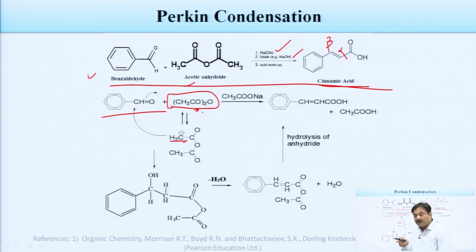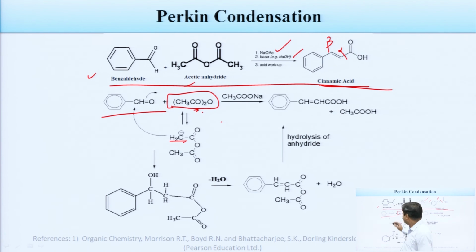Nucleophilic addition reaction means now we have generated the nucleophile, and that nucleophile should be added to another molecule for the nucleophilic addition. So, this nucleophile now attacks the carbonyl carbon of the benzaldehyde. For the attack, the carbonyl carbon should have a positive charge.